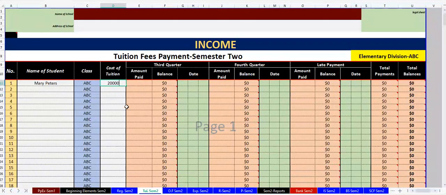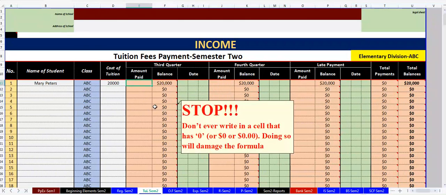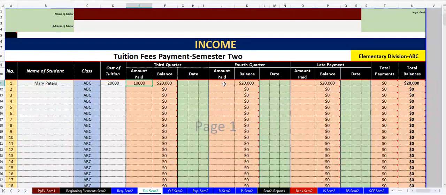So out of the 20,000, Mary Peters paid 10,000 the first payment. Then she paid 6,000. Then finally she paid the rest, so she paid all her money and the balance is 0. So she is clear for tuition.